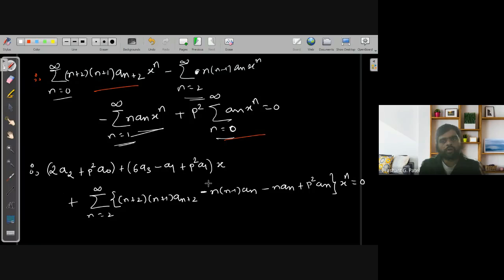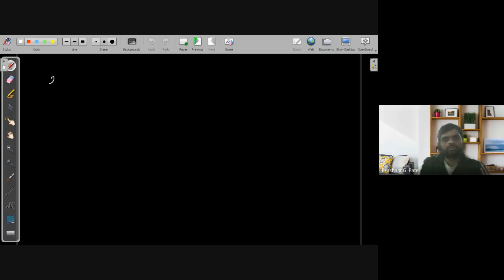Now equating the powers of x, we get the constant term equal to 0, that is 2a2 plus p square a0 is 0.